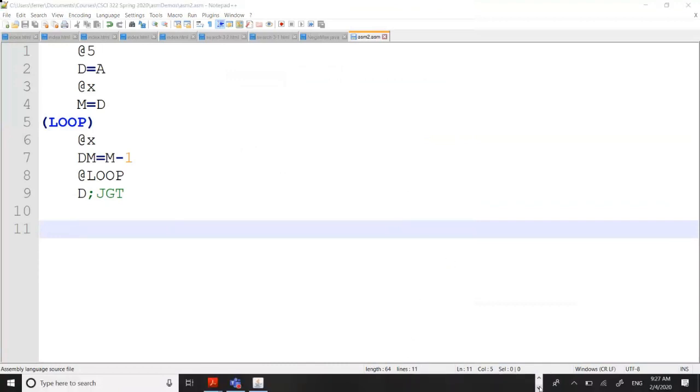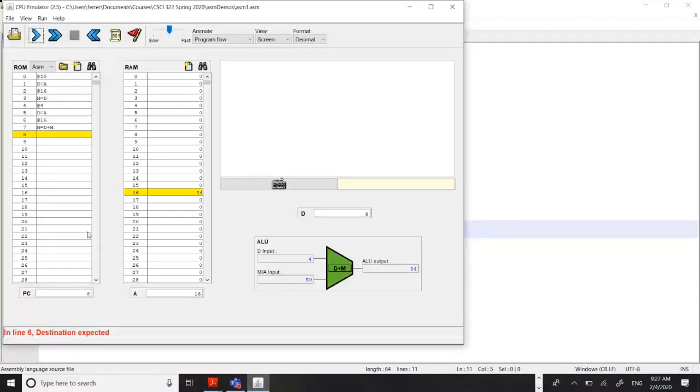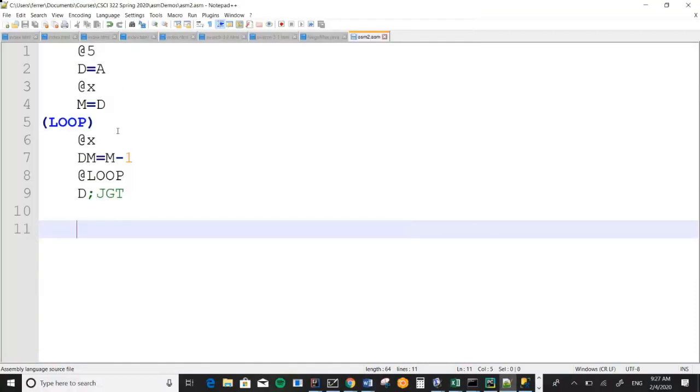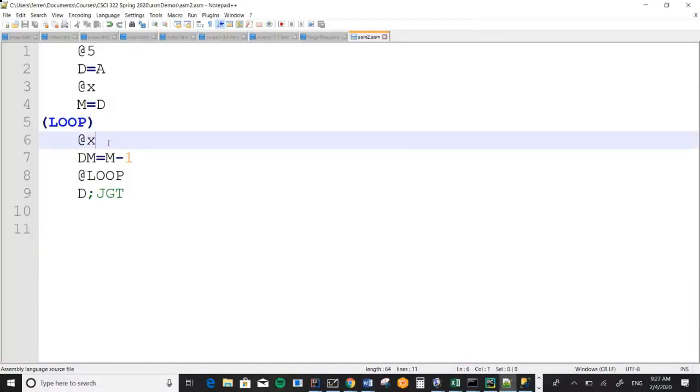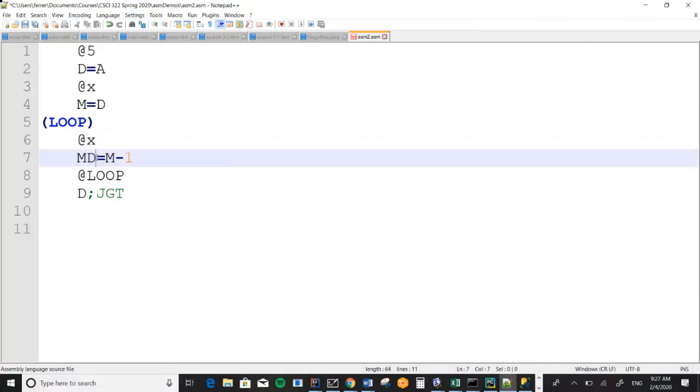So what does it consider line 6 to be? Oh boy, am I confused. Oh, would it be line 6 of the source? @5, D equals A, @x, M equals D. I wonder if I got this backwards.